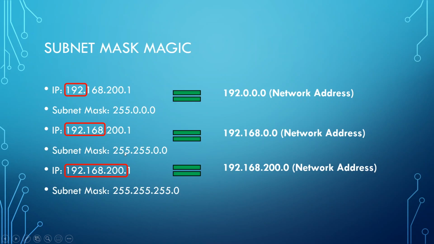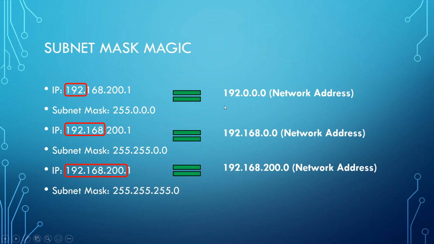In this example, we have 192.168.200.1. Now, if the subnet mask is 255.255.0.0, as we see 255 in the first 2 decimal places, that means that the first 2 decimal numbers of the IP address represent the network address. In this case, we have 255.255.255.0. The first 3 decimal numbers of the IP address represent the network address. Now, why is this important?